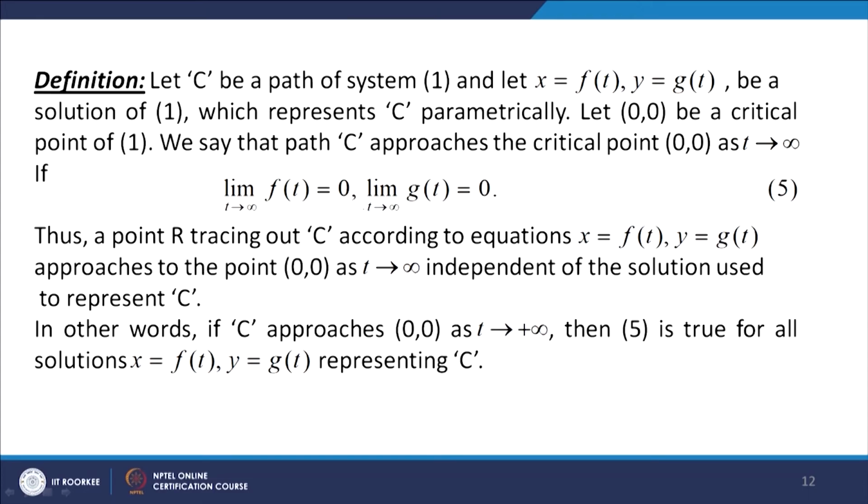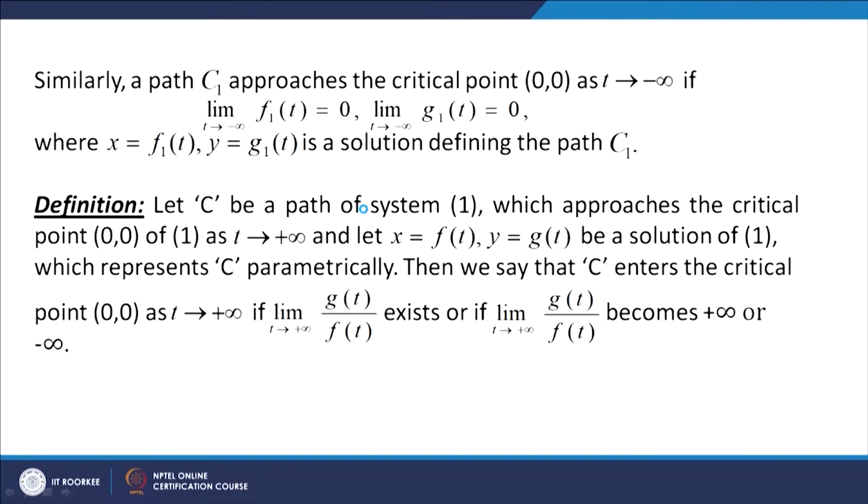Thus, a point R tracing out C according to equations x equal to f(t), y equal to g(t) approaches the point 0, 0 as t goes to infinity independent of the solution used to represent C. In other words, if C approaches 0, 0 as t goes to plus infinity, then 5 is true for all solutions x equal to f(t), y equal to g(t) representing C. So, it is independent of the solution.